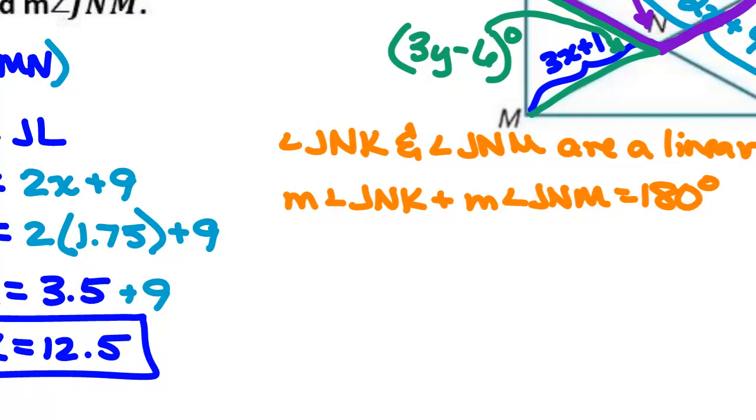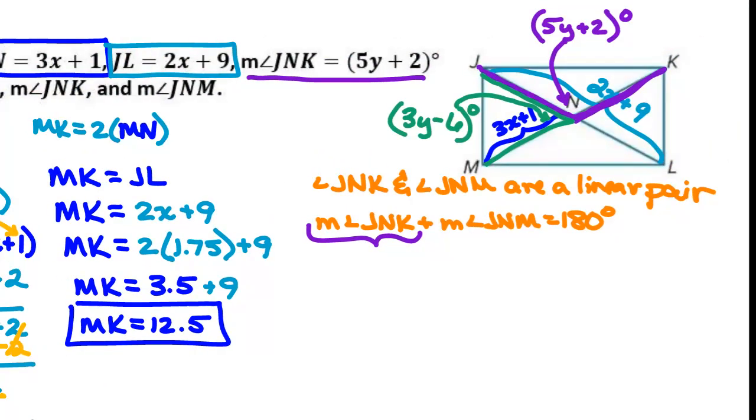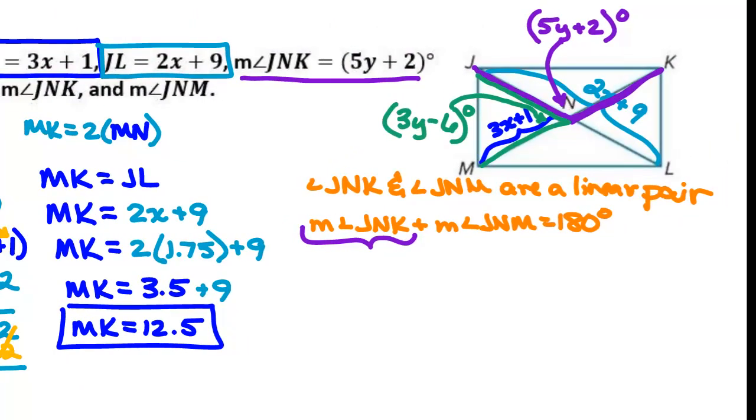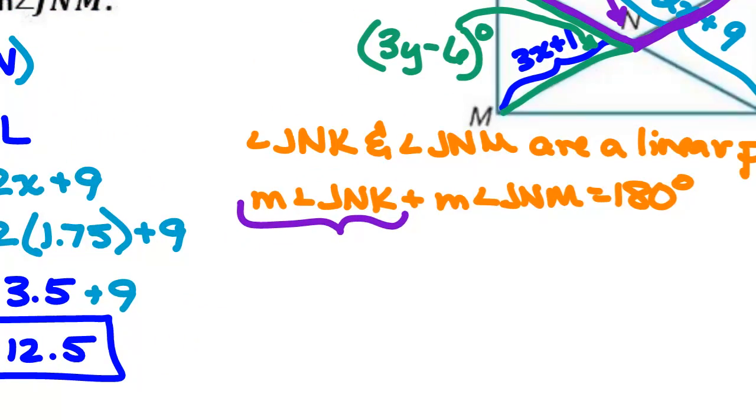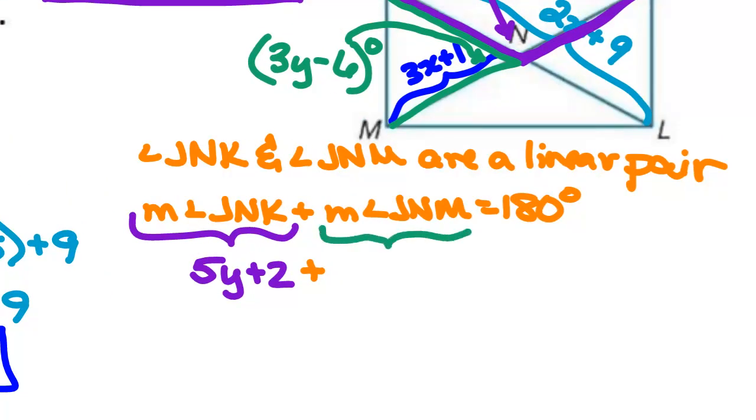What should I put in for the measurement of JNK? How big is angle JNK? 5y plus 2. And then what are we putting in for JNM? 3y minus 6. And that's equal to 180 degrees.